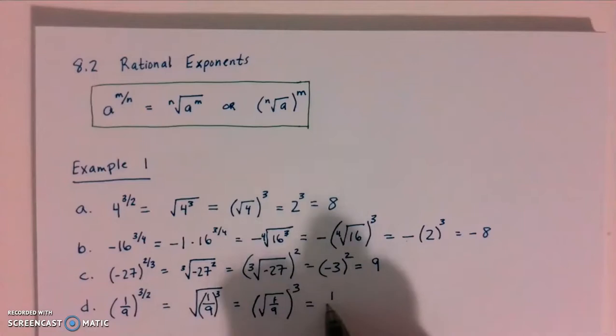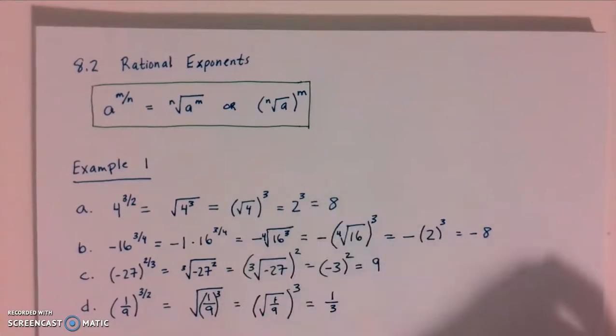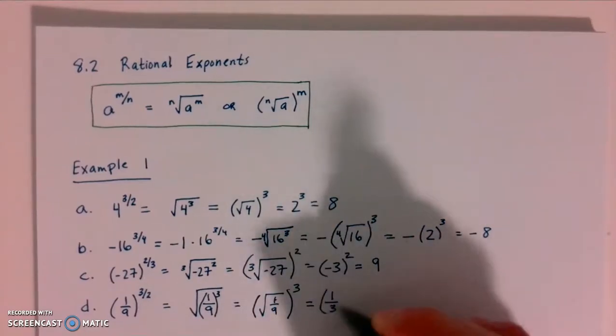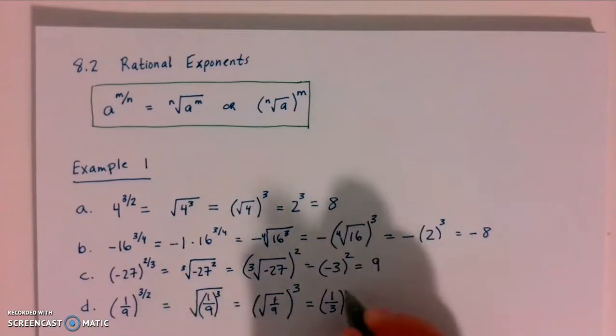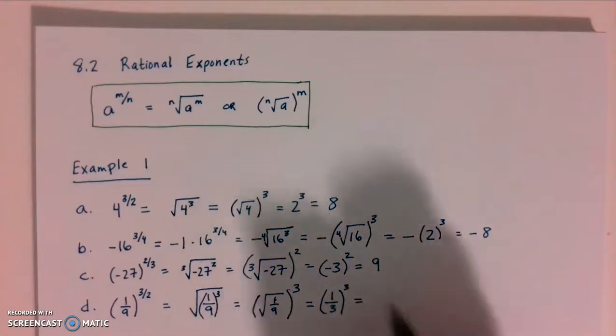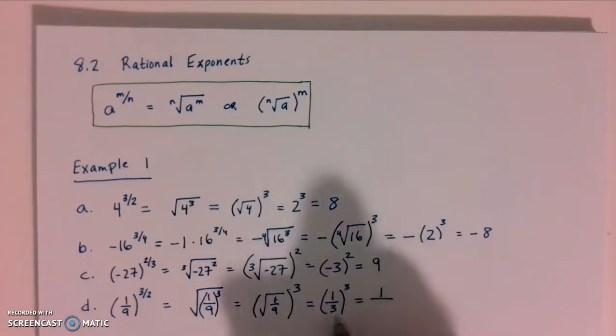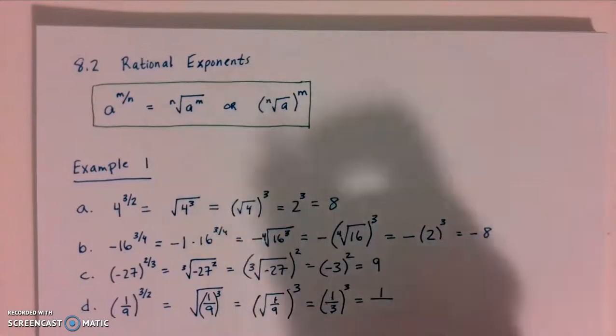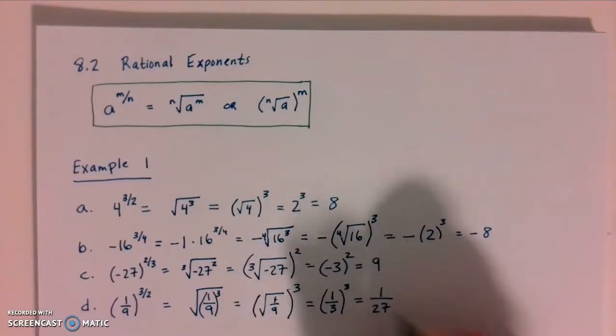The square root of 9 is 3. So I've taken the square root, but we can't forget that we still have to cube it. Alright, so now I have to cube both the numerator and denominator. 1 cubed is 1, and 3 cubed, 3 times 3 times 3, is 27.